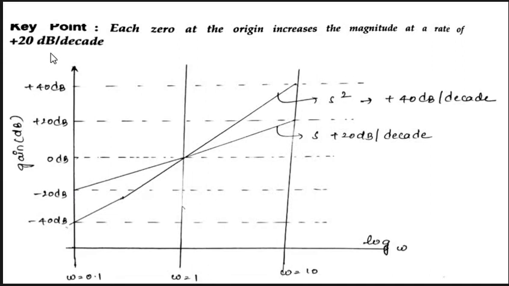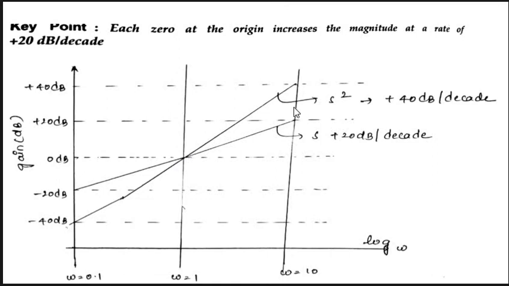Here plus 20 dB means increasing, and at omega equal to 1 we want to intersect the 0 dB line. So where do we start? At minus 20 we can start, increasing 20 dB per decade, and it reaches the 0 dB line at omega equal to 1.